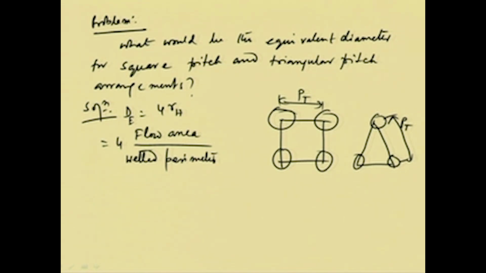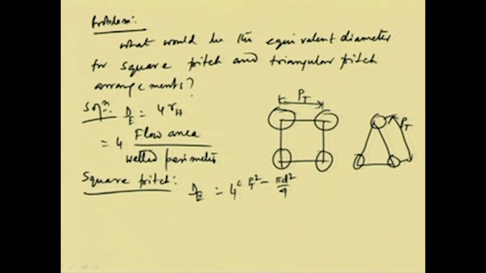Okay. So, in case of tube arrangements, for square pitch, D equivalent will be equal to 4 times flow area, and flow area would be equal to PT square minus 4 into pi d square by 4.